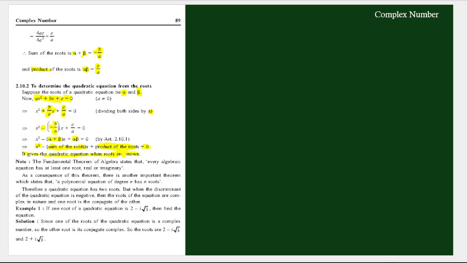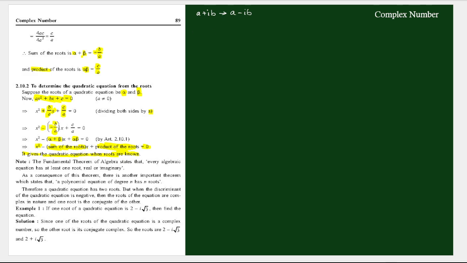Now here is one thing: if one of the roots is a plus ib, then the other root will be a minus ib.